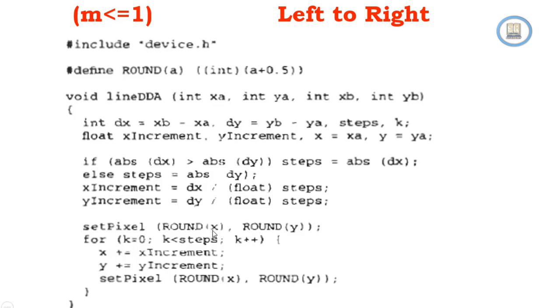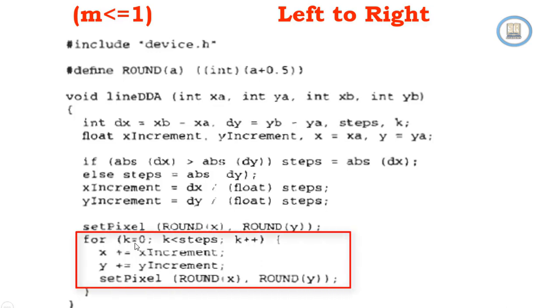So at this time, round x, round y, the values of x and y which we have taken at this place. If it is 0.5 or 0.7, some value is given, we need to round up the value based upon the algorithm. Now the iteration starts for the algorithm.